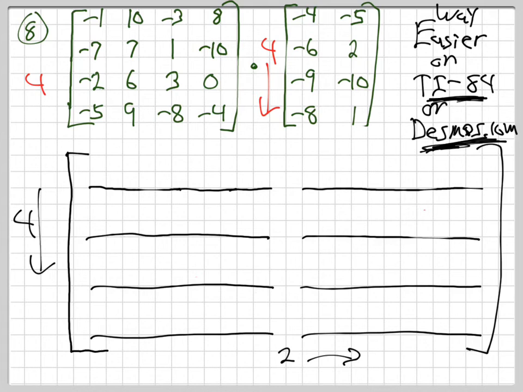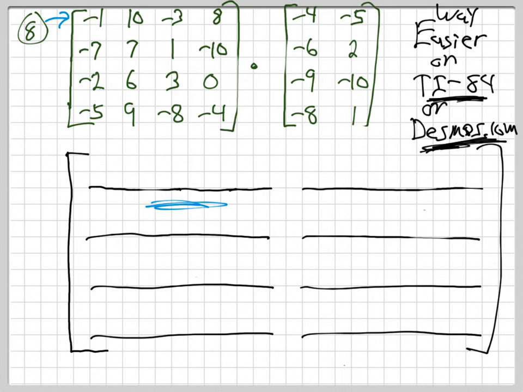All right, so how does it work? Let me get rid of all this. You know the deal here. Let me get rid of these numbers as well. We're going to start with the upper left. So that means upper, and I'm going to go down the left instead of the right. Upper left. So here we go. -1 times -4 plus. And then you move to the right. You always move over and you move down.